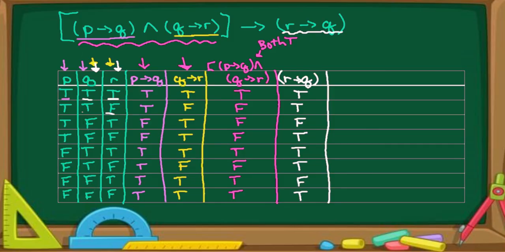All right, finally to the last column. So remember with this, that our last column is going to be the entire statement. So we're going to put together the P then Q and Q then R. Then we have the group R then Q. So by setting it up the way that we did, we're going to look at this column here first, followed by this column here. So you don't have to look at all of the individual things.